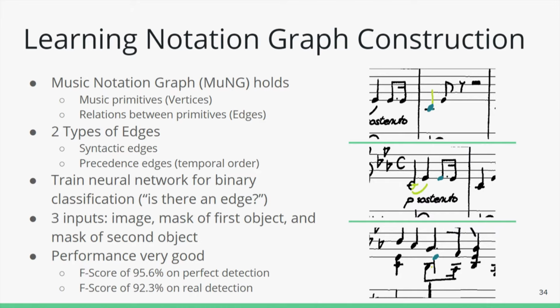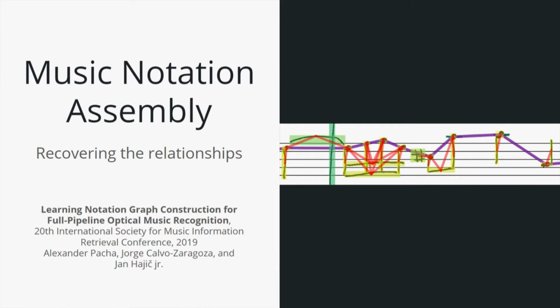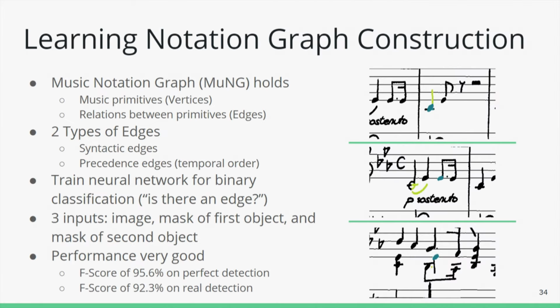So I'll just quickly go back, because in this figure you can see it quite well. The red edges here would be the syntactic edges, and the purple line which goes through the note heads would be the precedence edges. So that works really well.